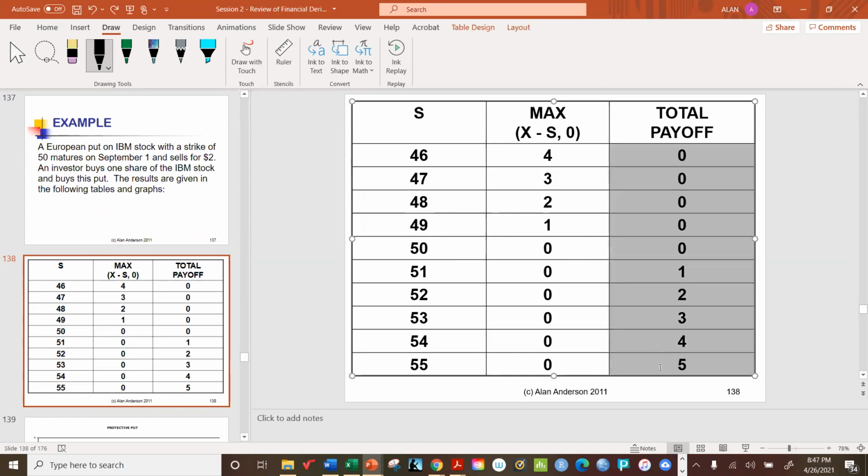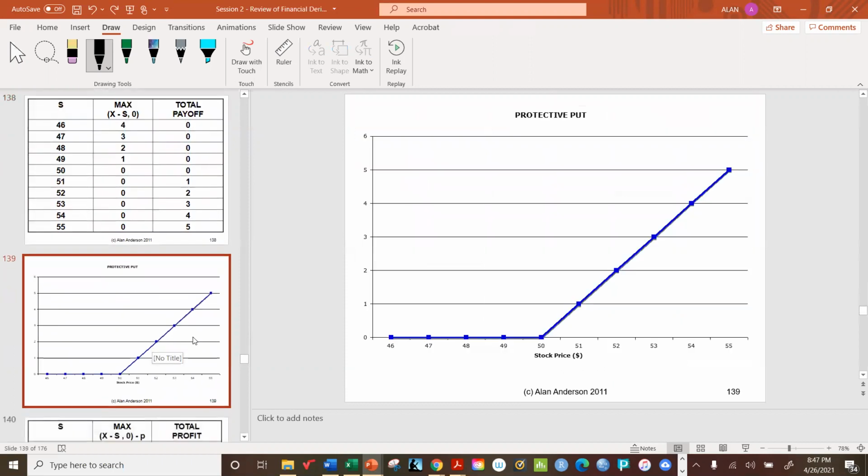So look what happens here. The payoff starts at 0 and it goes up by $1 for every $1 increase in the stock. The cost of the position is $2. And look at that.